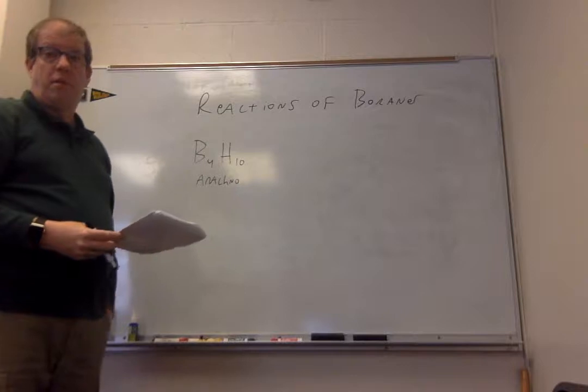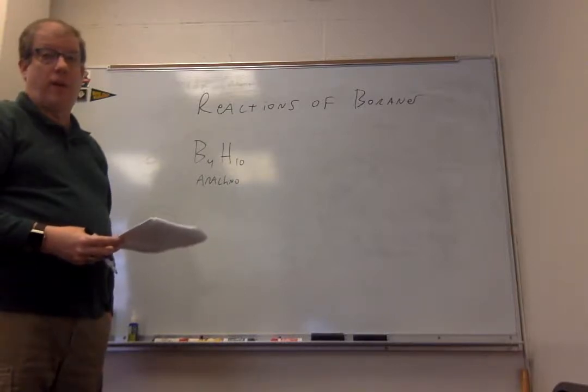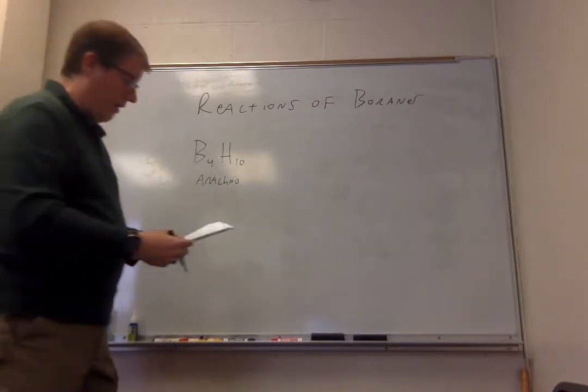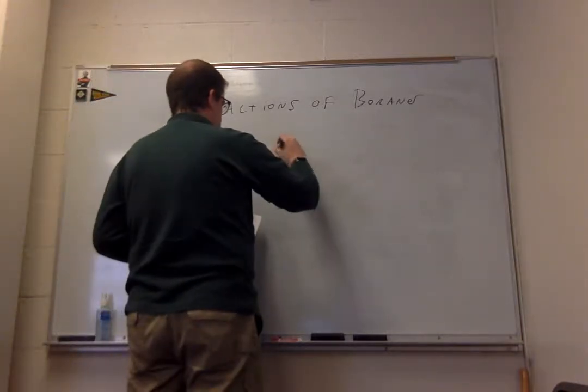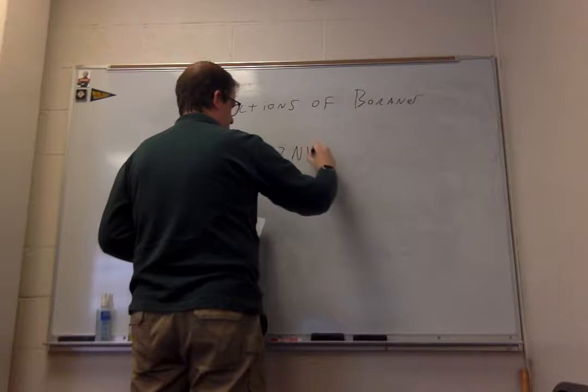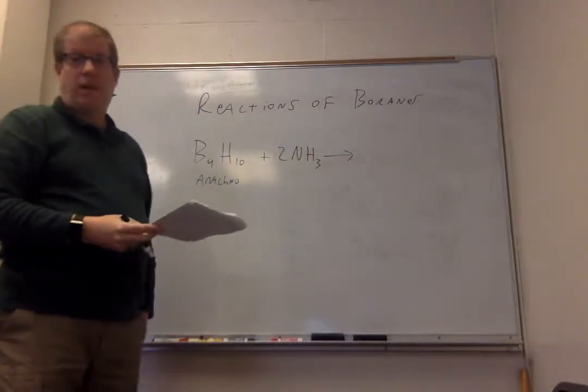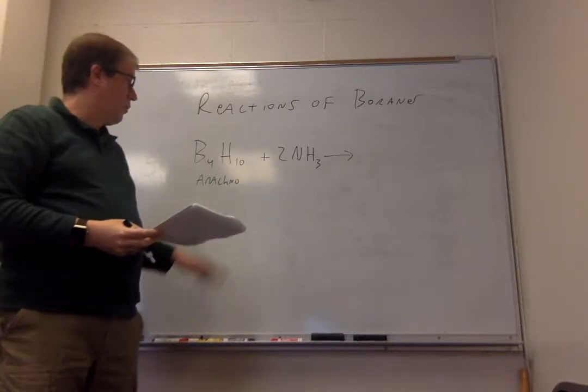We should be able to ascertain that that's an arachno cluster. And if we add ammonia to that, the exact same thing that we saw for diborane will happen with this.